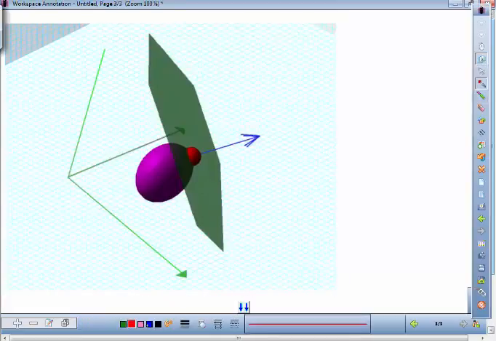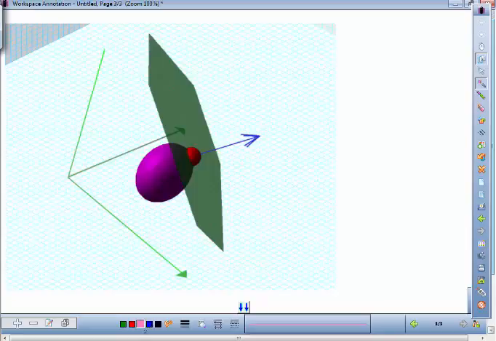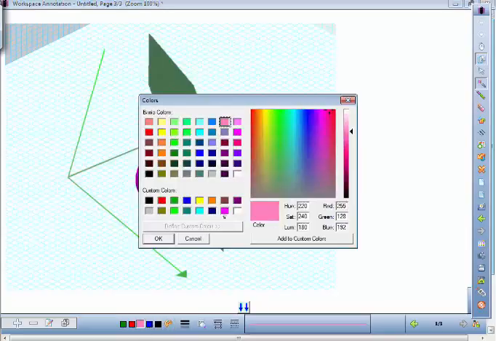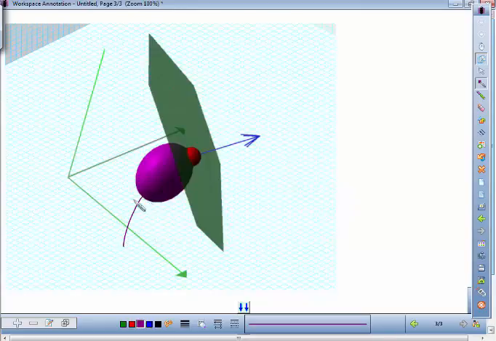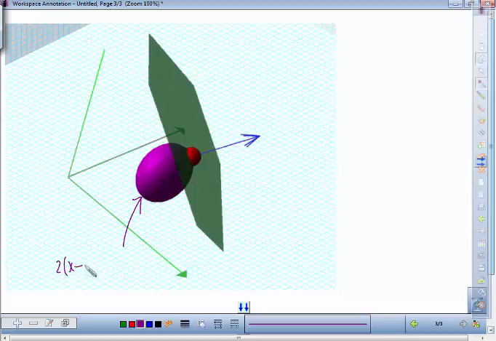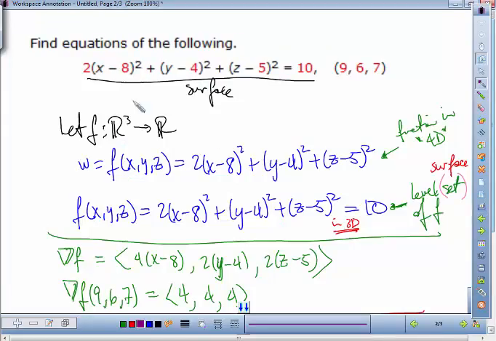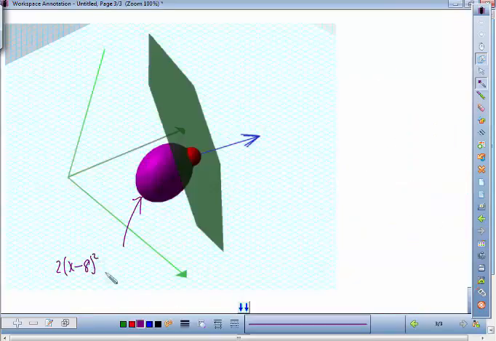So this is our surface, x minus 8 squared plus y minus 4 and 5.